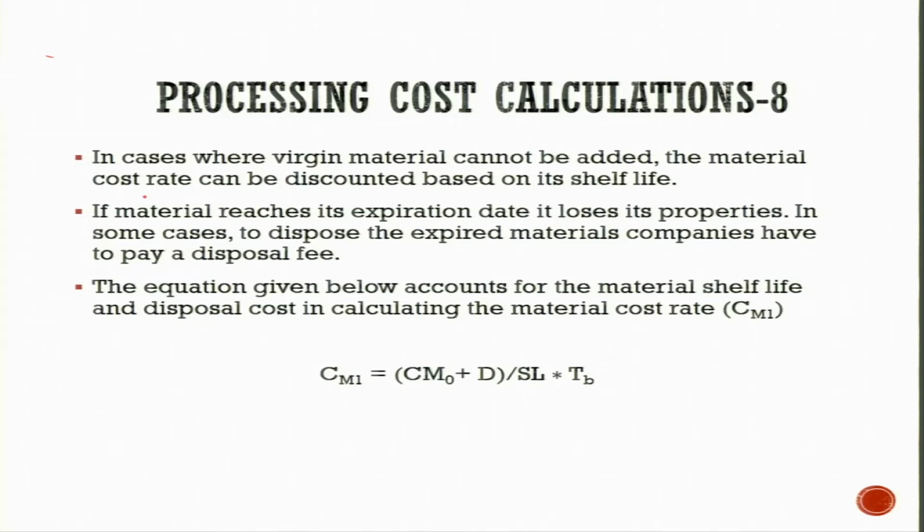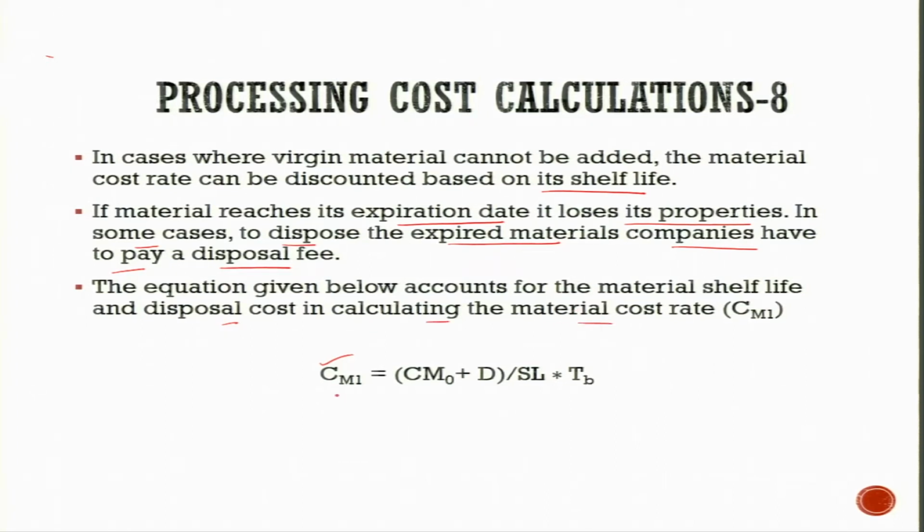Next, there are certain cases where virgin material cannot be added. The material cost rate can be discounted based upon its shelf life sometimes. Each material reaches its expiration date, it loses its properties. In some cases, to dispose of the expired material, companies have to pay a disposal fee. This fee is calculated in this equation. The equation given below accounts for material shelf life and disposal cost in calculating the material cost rate. So what does it tell?